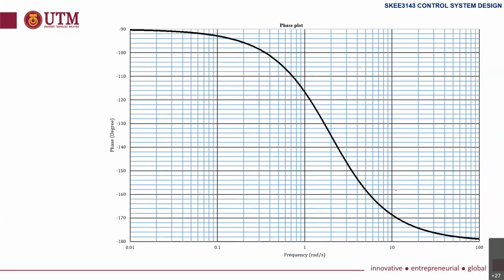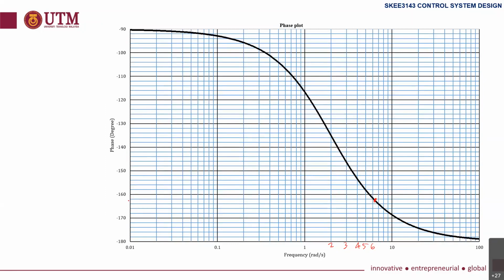Now we look into 6.2. 1, 2, 3, 4, 5, 6. 6.2 is about here. So maybe about 120, 162 or 163.